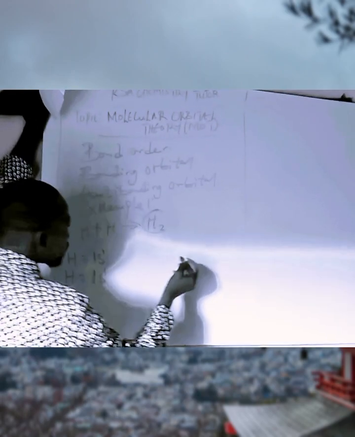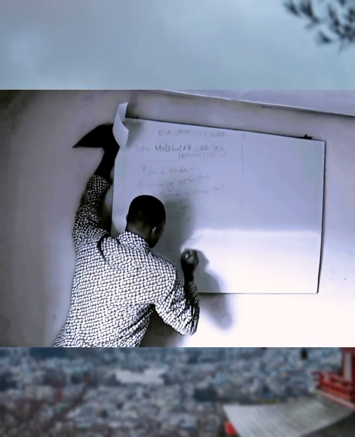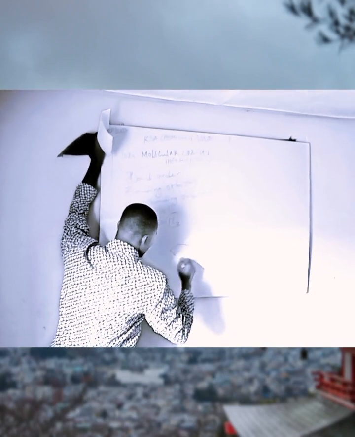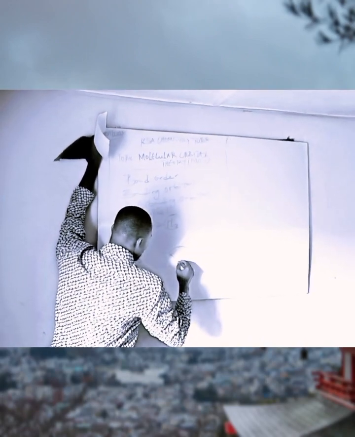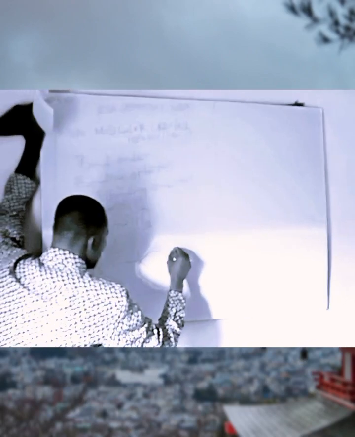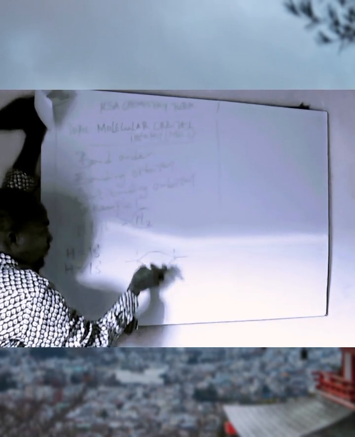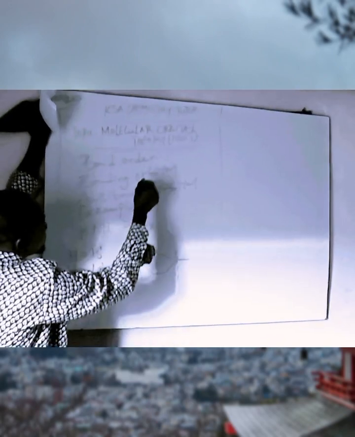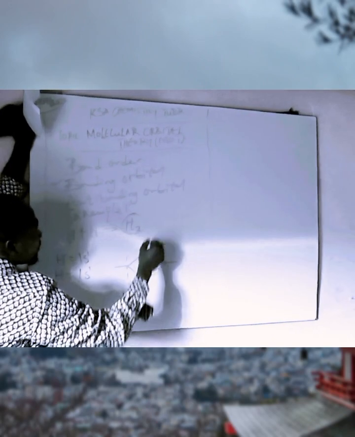Now, we will draw the molecular orbital diagram for this molecule. This place is called bonding orbital, while the top of it, we call anti-bonding.